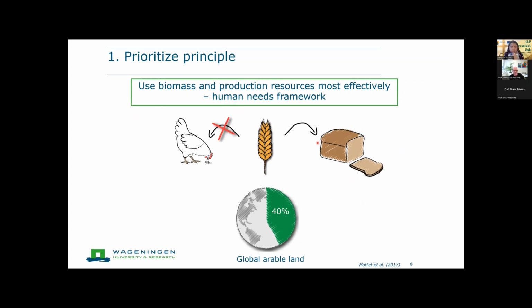So this principle is really referring to that issue. Biomass and production resources are used most effectively if we use them directly for human consumption. As I said, not all of the land is suitable for that, so that has to be taken into account.